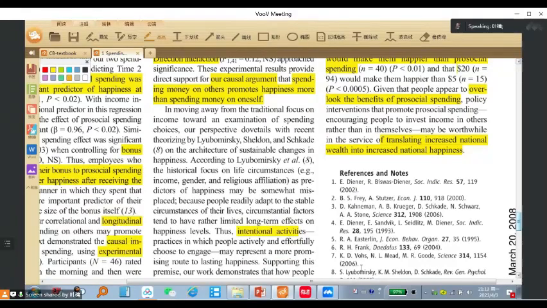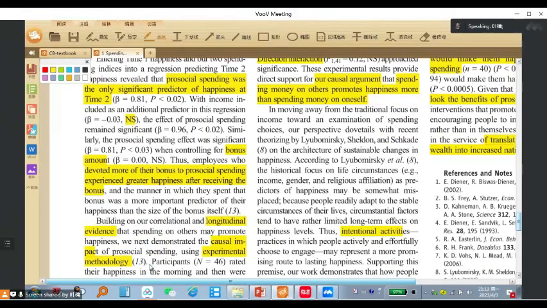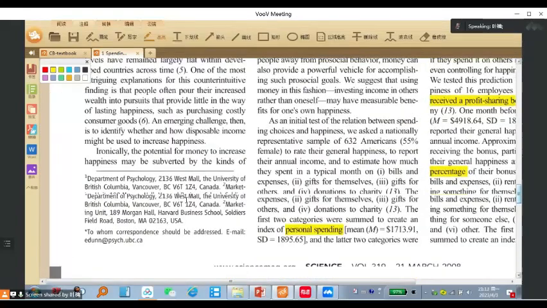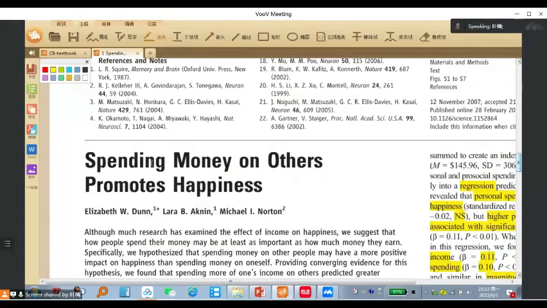Okay, so this is the whole of the article, which is very suitable for today's topic. If you are very interested in this topic, you can find more articles on research on happiness.